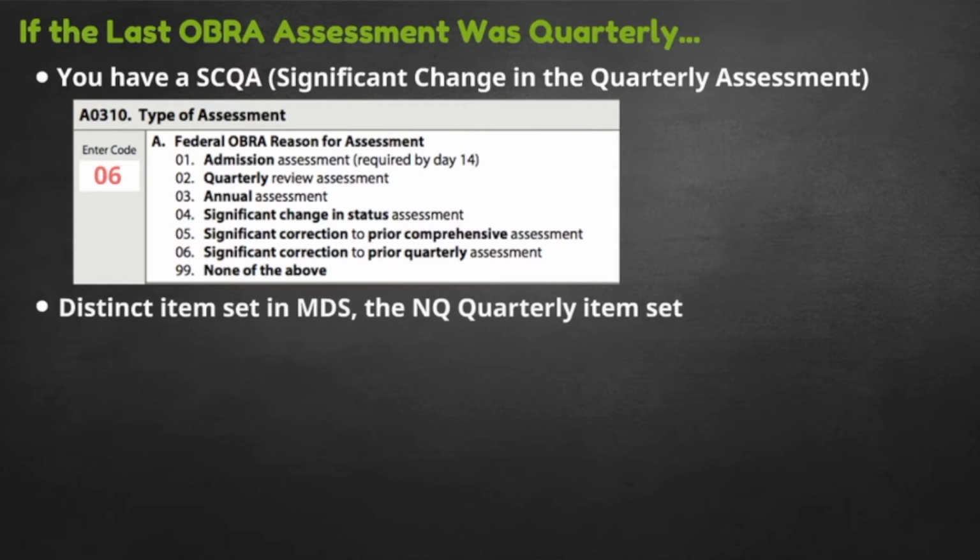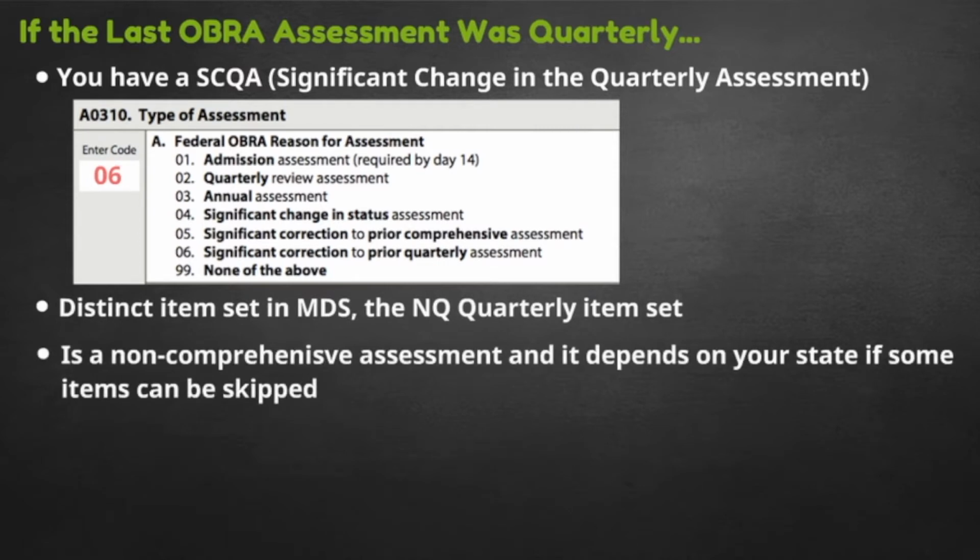This is a distinct item set in MDS, the NQ quarterly item set. Like the quarterly, it is a non-comprehensive assessment, and it depends on your state if there are some items that can be skipped. It also does not reset the OBRA clock. The next quarterly and annual keep to the same schedule as originally set at admission.